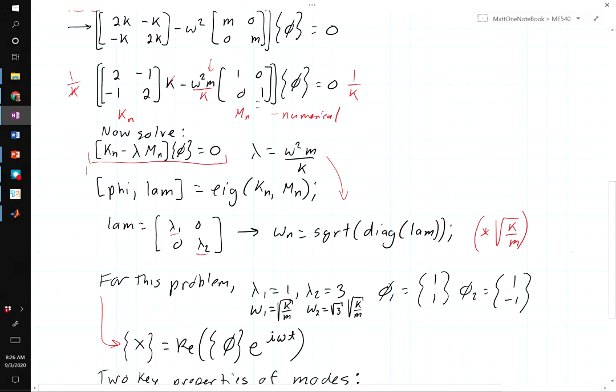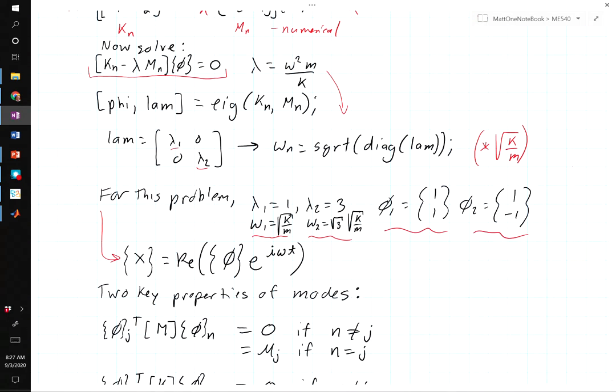So that's how we get these critical properties of the system, and those properties are the natural frequencies and the eigenvectors. Here I've written them like this to make them a little simpler. Notice these ones, the maximum value is 1, so we would call these unit normalized eigenvectors.